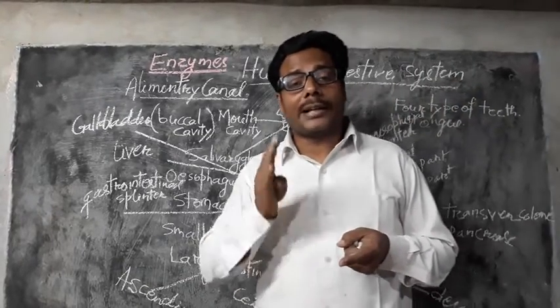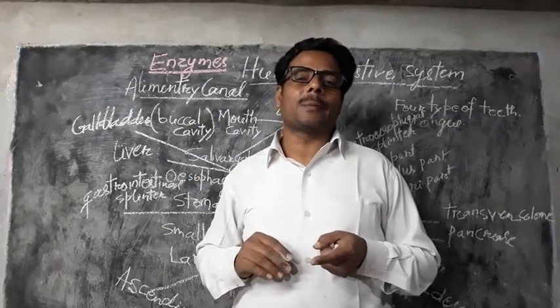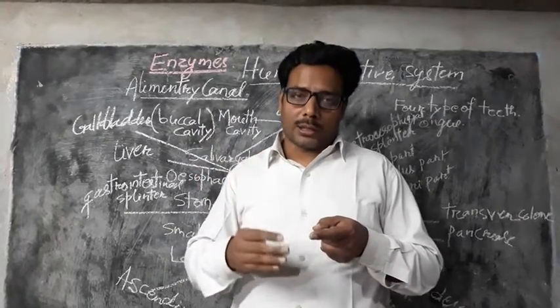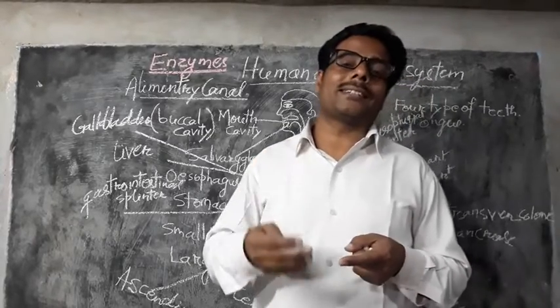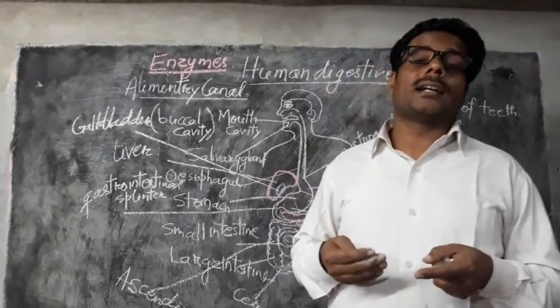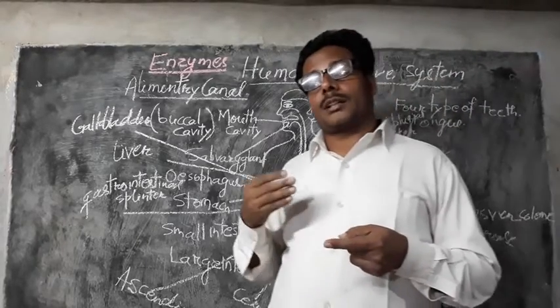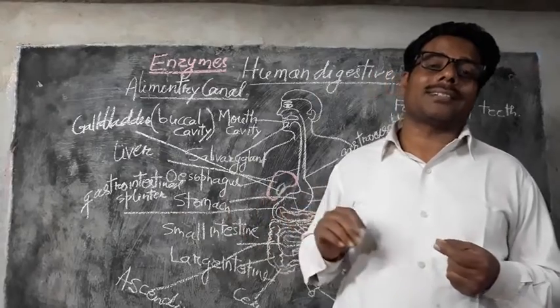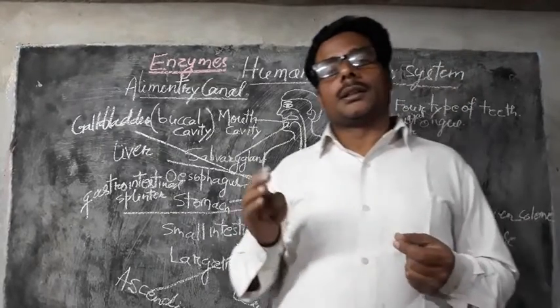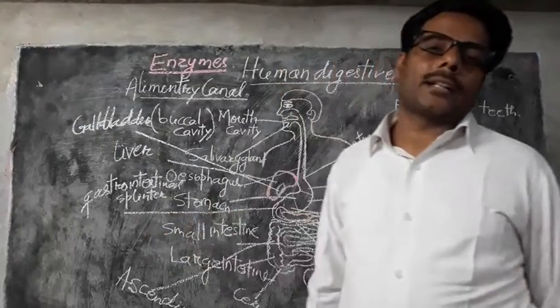So, the breakdown of food is necessary for the process of digestion. In digestion, the breakdown of food occurs and energy is produced in this holozoic nutrition performed by human beings or any other animals.